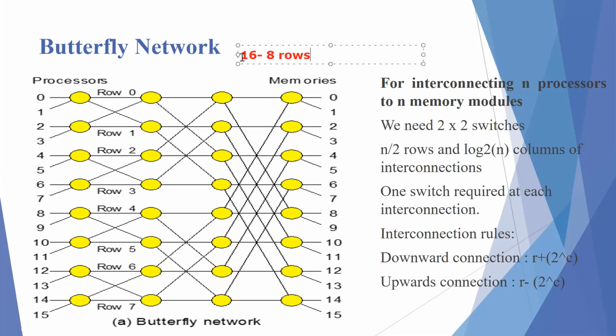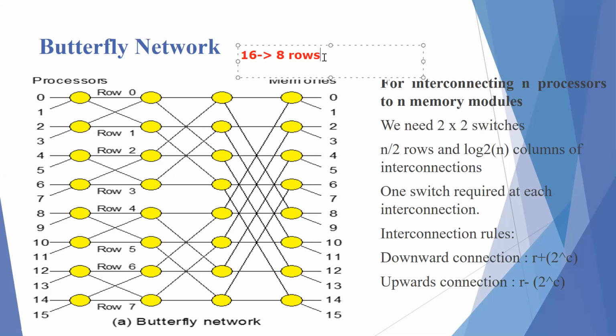And log base 2 of n columns, where n is the number of processors and memory modules. This is always in a matrix format. Whenever we talk about processors and memory modules, it has to be the same number. So if I have to connect 16 processors to 16 memory modules, these will be the formulas that I will use.